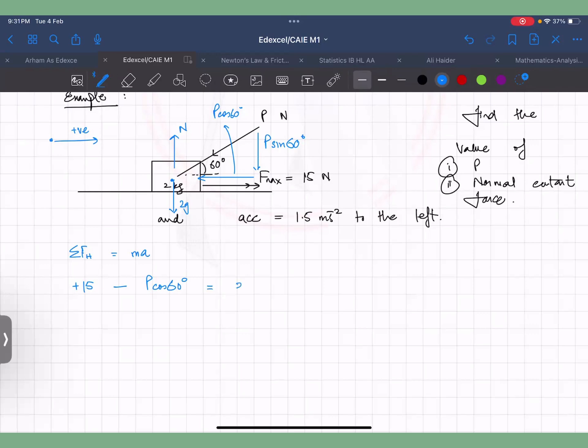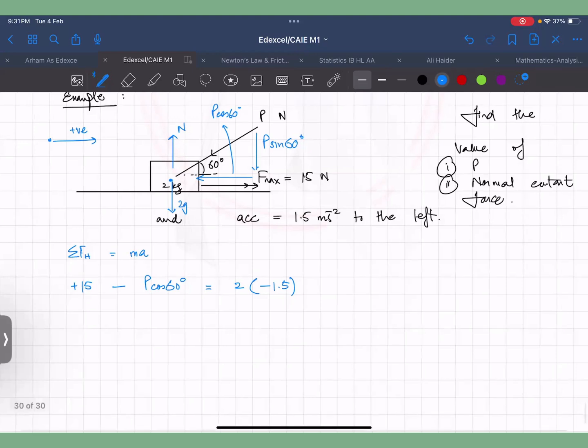So m is 2 kg, and acceleration is also negative 1.5, because again acceleration is to the left side. If I take something as a sign convention, this would be for everything, the forces, the velocity, the acceleration. You don't just use something else for the force, something else for the acceleration. Okay, so according to the sign convention, acceleration is also to the left side, so I keep it negative 1.5.